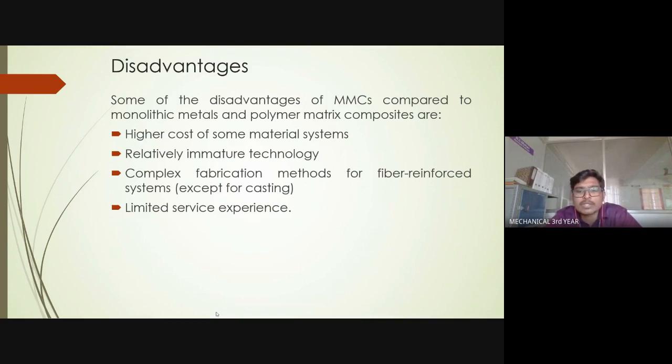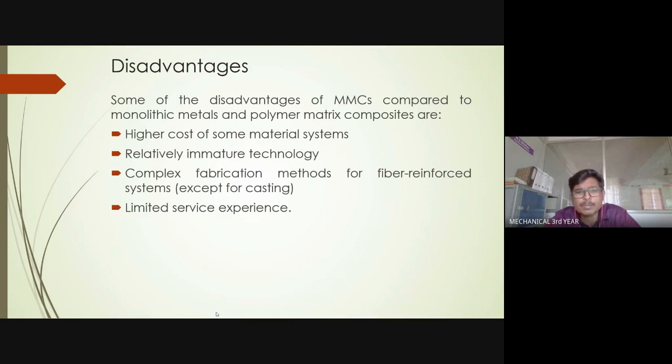And complex fabrication methods of fiber reinforced systems. So here the fiber reinforcement is quite complicated when compared to polymer matrix composites. In polymer matrix composites, you can add fibers in any form, but in metal matrix composites, it requires an artificial method of manufacturing fibers. And also the last point states limited service experience.